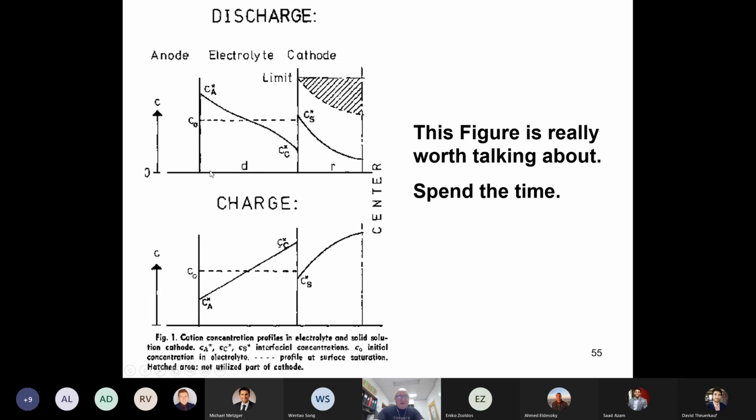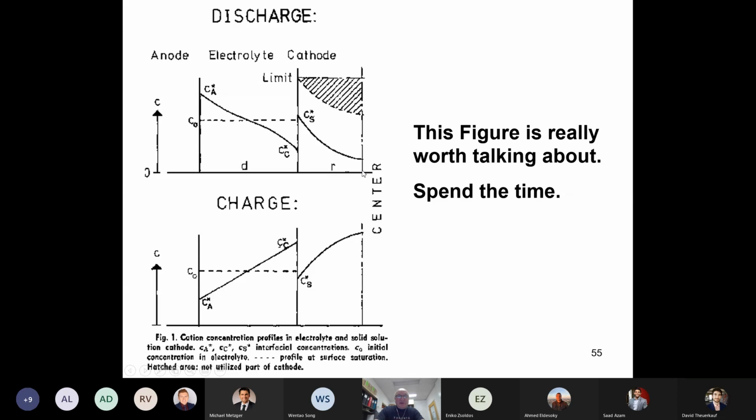So the electrolyte has a thickness of D. And then imagine you come to a positive electrode particle where you describe the position in the particle from its surface to its center by this variable r.